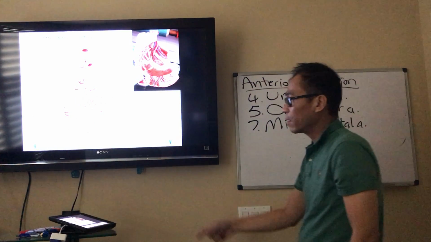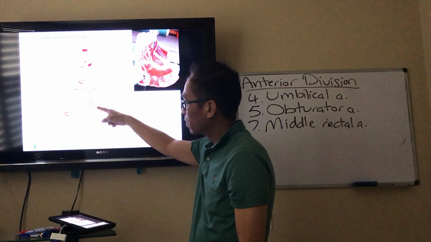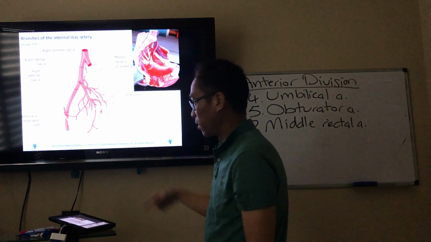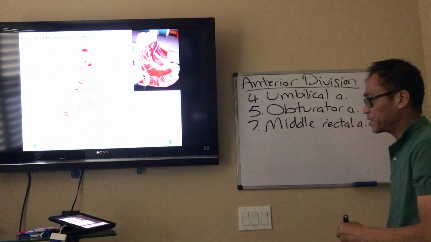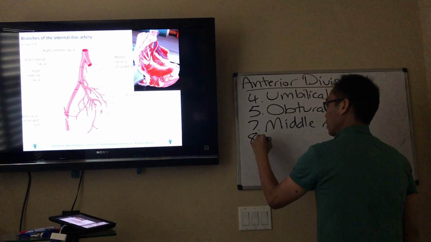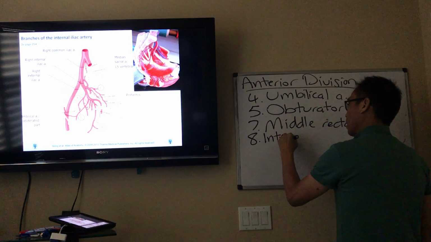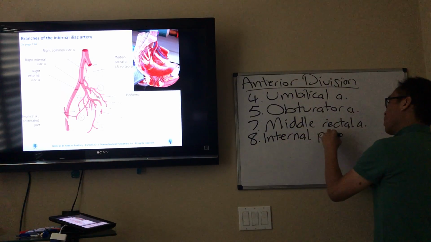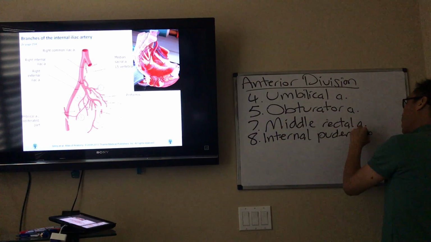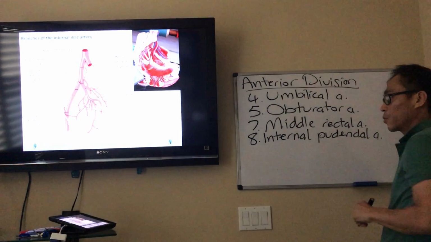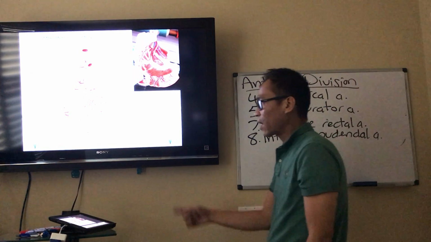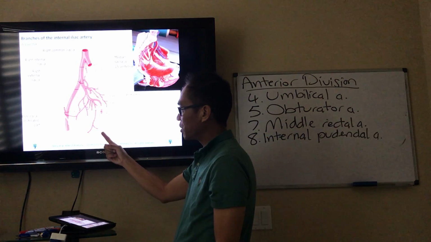Number 8, right here, is the pudendal artery. It supplies blood to the external genitalia. Internal pudendal artery. Now there's a branch coming off that got cut off, and there's no number to it, but that branch you have to know.